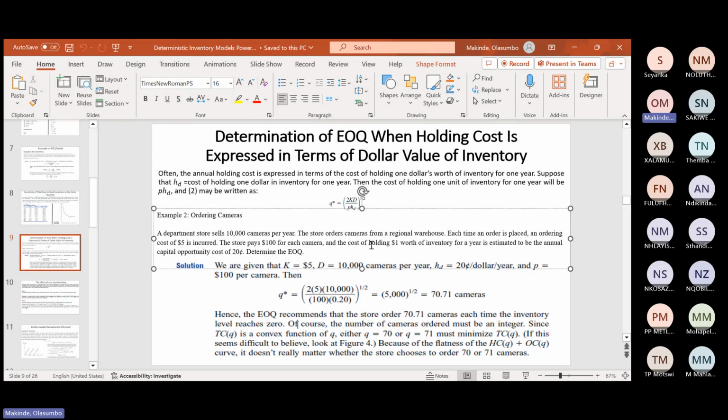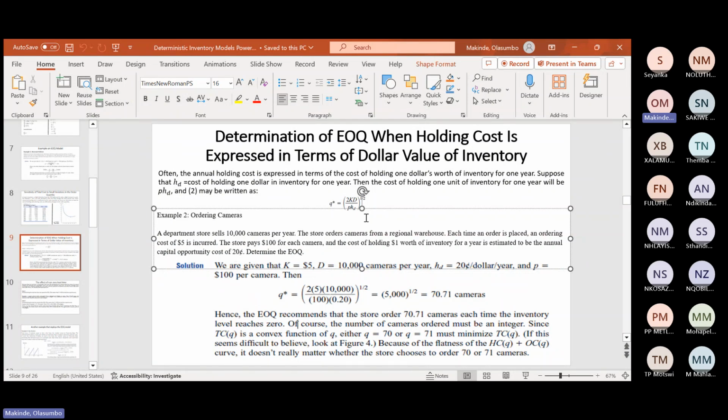And you see here, they say the cost of holding $1 worth of inventory, which talks to what we have said here. They say when you express holding cost in terms of value worth of inventory, then you have to use this formula. And the cost of holding $1 worth of inventory for a year is estimated as an annual capital cost opportunity, because they express it as opportunity cost, like I told you, annual capital cost opportunity of 20 cents.